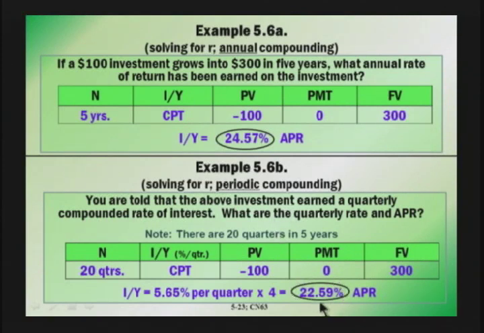But the lower quoted APR, 22.59, did the same work as the 24.57% each year when compounding was annual. The quarterly compounding made up the difference and basically gave you 2 additional percentage points, right? 2 additional percentage points were earned over and above your APR here because of that quarterly compounding. So quarterly compounding gave you 2 additional percentage points compared to the annual compounding.